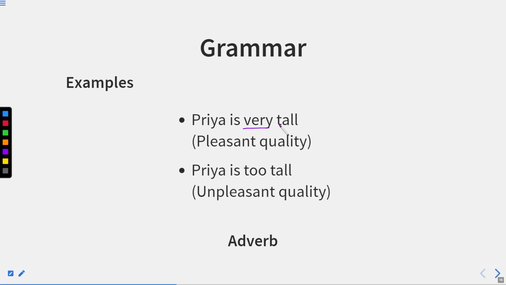Examples: Priya is very tall. This is a pleasant quality. If I'm saying Priya is very tall, it means this is a positive quality. If I say Priya is too tall, the sentence is correct. But if I say Priya is too tall, it means that much height was not required. She's extremely tall. Now, you must have heard about many people that they are of extra height.